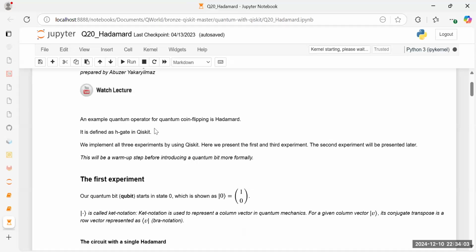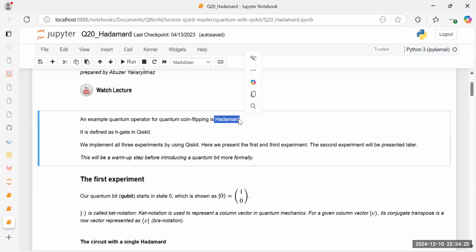In the experiment we just saw, where we were flipping quantum coins, the fair coin toss, or the operation that the beam splitter was carrying out in the experiment, can be performed with an operator called the Hadamard operator.